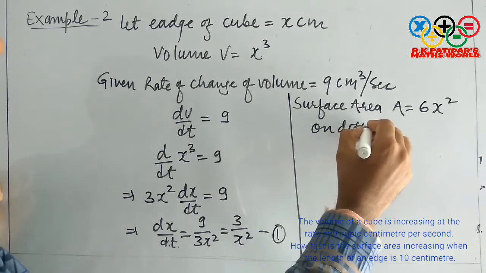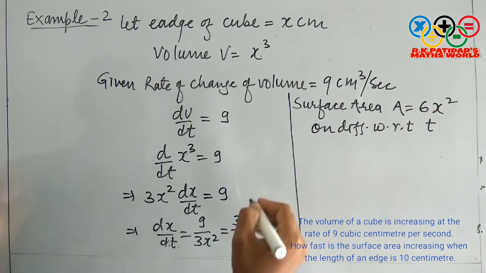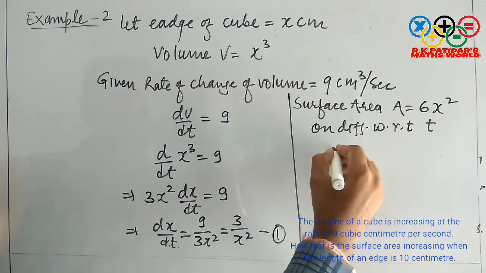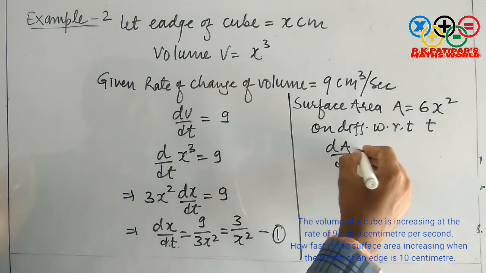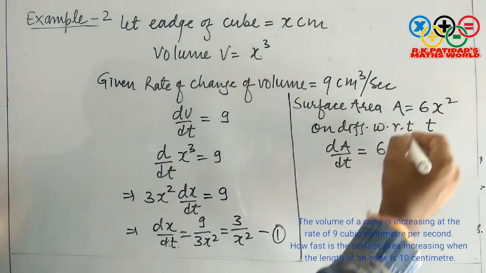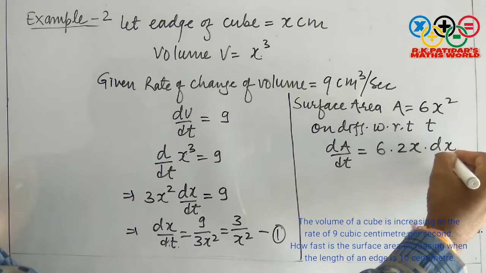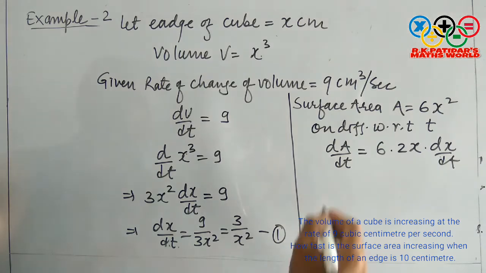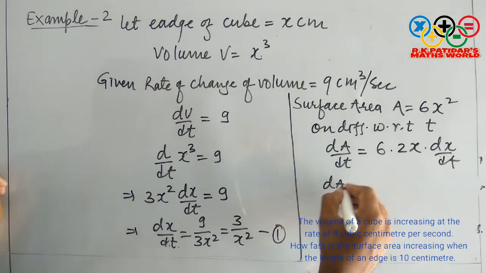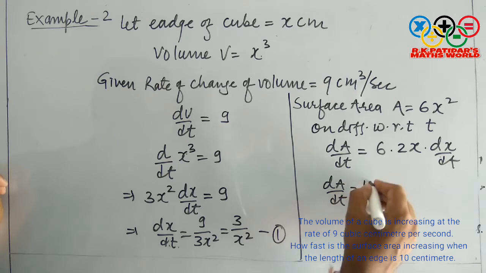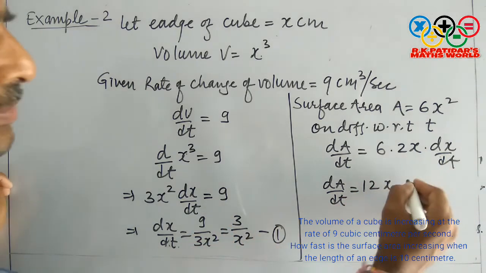Now on differentiating with respect to t, dA upon dt is equal to 6 into the derivative of x square, which is 2x, into dx upon dt. So we get dA upon dt is equal to 12x into dx upon dt, which is 3x square.